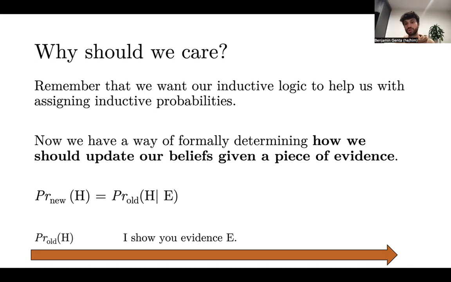Now you show me a particular piece of evidence, for example, that there are some dark clouds in the sky. What Bayes' rule allows me to do is that if I have a well-defined probability of H given E and a probability of E, then I can get a new probability for this statement, that it will rain outside.